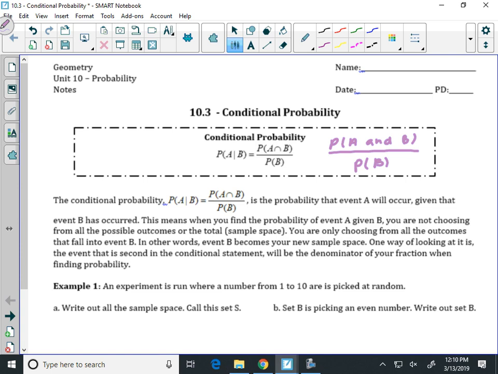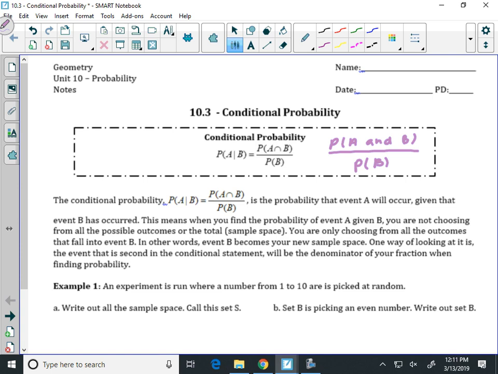We're not looking at everything. We are only choosing from all the outcomes that fall into event B. So we're narrowing down our pool of what we're pulling from. Instead of looking at the total sample space, we're only looking at event B. In other words, event B becomes your new sample space.